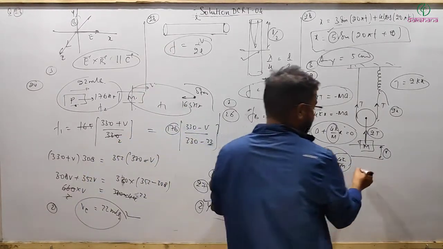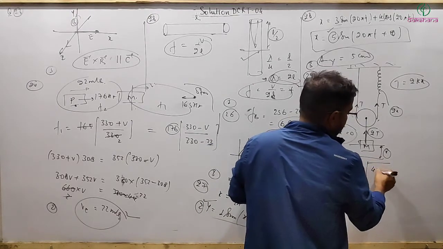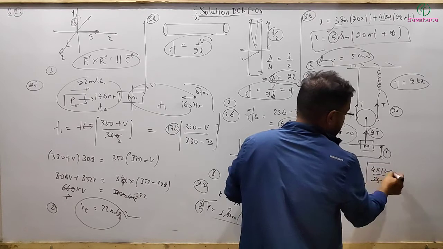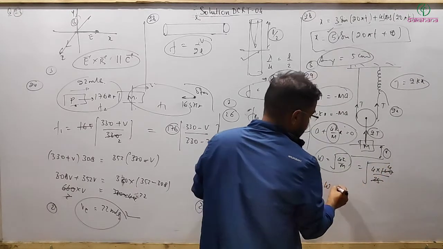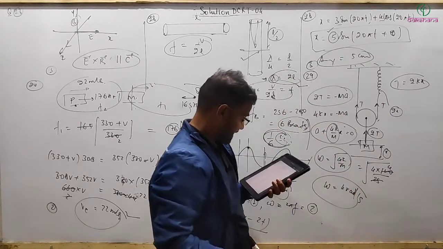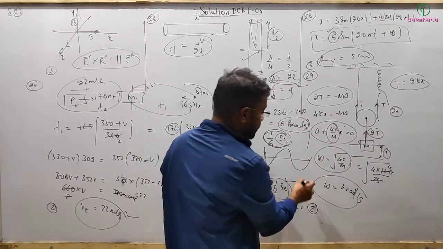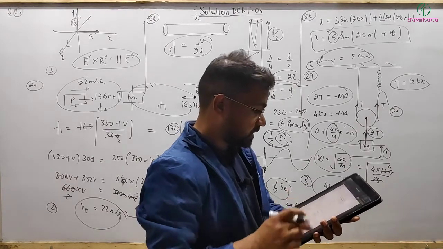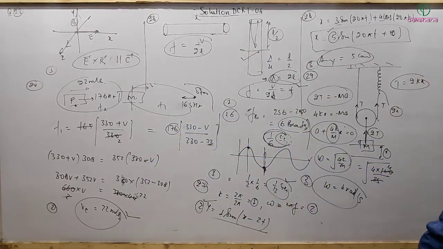So this is root over 4k, k is 100, m is given as how much? 25. So this implies omega is equal to 4 radian per second, and that's matching with option number 3. Next, question number 30. So let me erase the board.